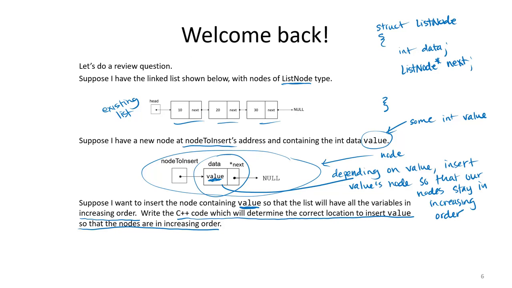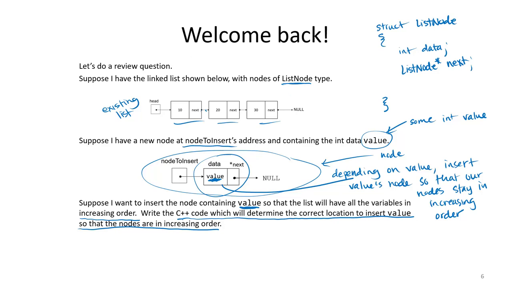For example, if this value contained the number 0, we would insert this node at the very beginning of our list in front of the node containing 10. If we had value as 15, it would go between nodes 10 and 20. If value was greater than 30, we would insert it at the end of the list.